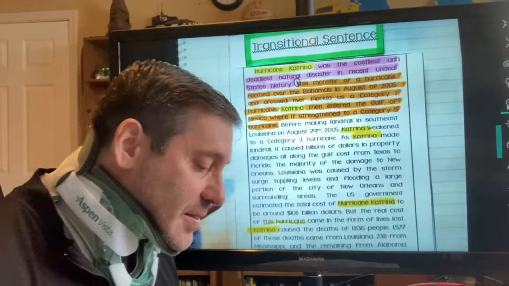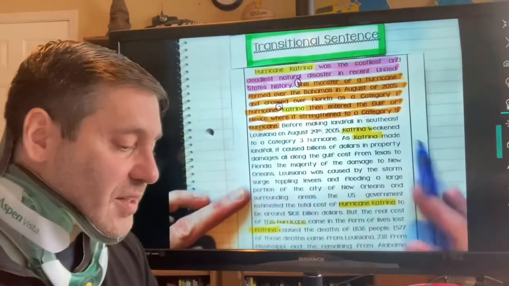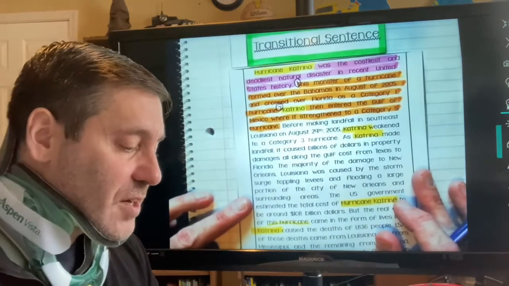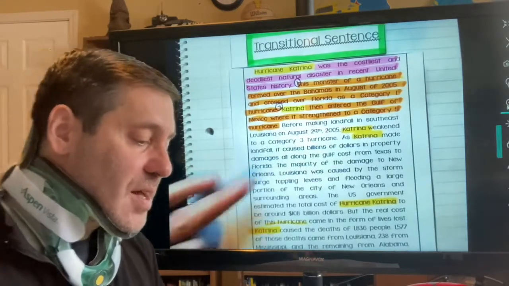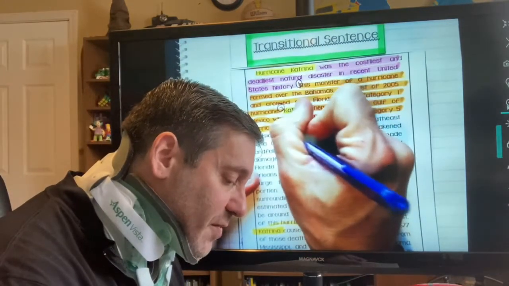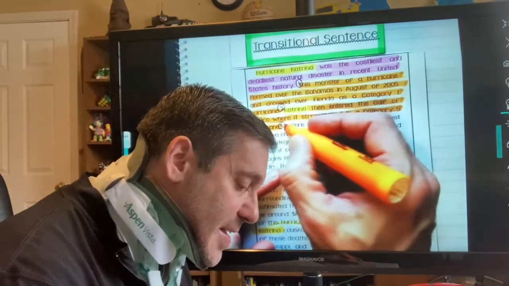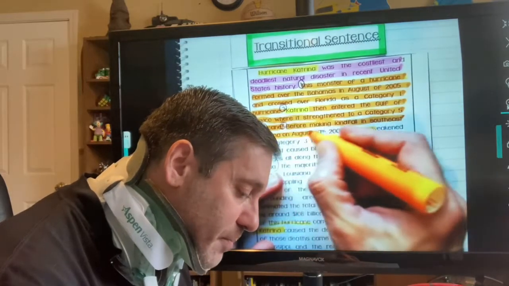Before making landfall, so this was the second detail, before making landfall in southeast Louisiana on August 29th, 2005, Katrina weakened to a Category 3 hurricane. Again, this is a physical description of the hurricane, physically describing the date and when it changed from a Category 5 to a Category 3.